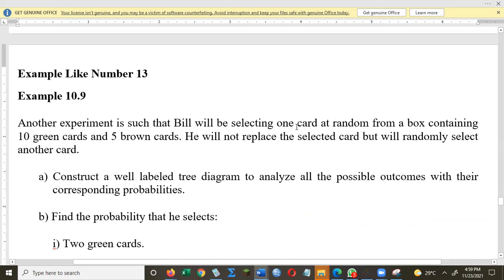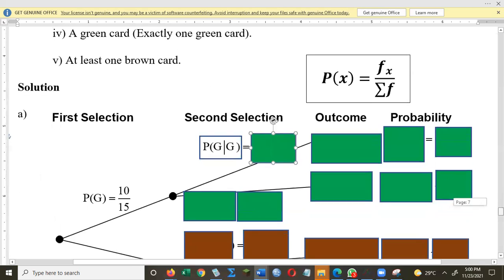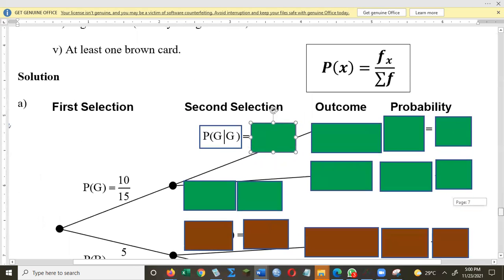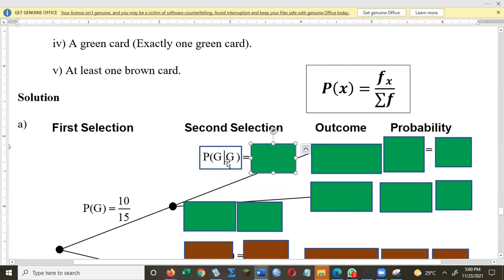Two cards, one after the other. In his first selection, he may choose a green or he may choose a brown. Whatever he chooses, he will not replace it back, but will go back and select again. Bear that in mind. So we are wondering now, if it was a green, we're not saying it's a green he chose, but if it was a green, what is the probability of him getting another green?